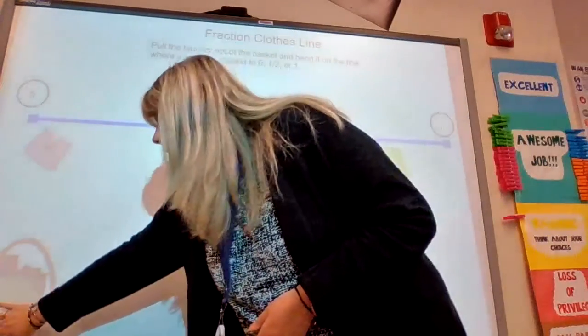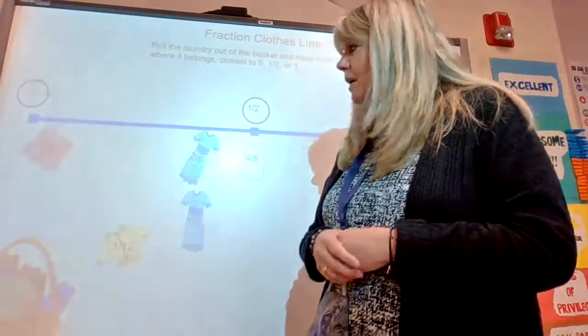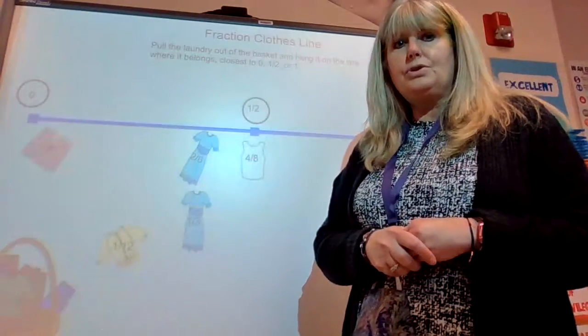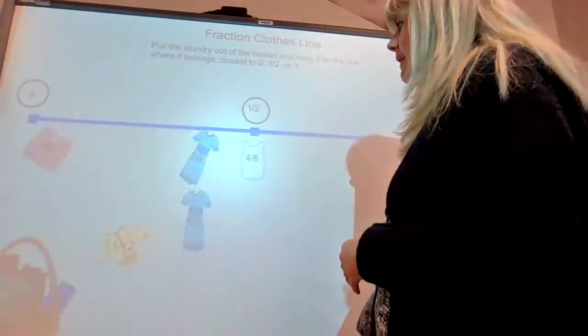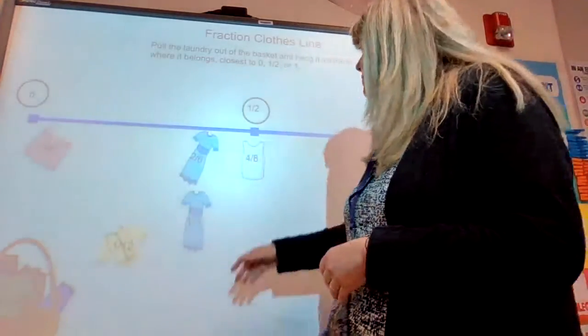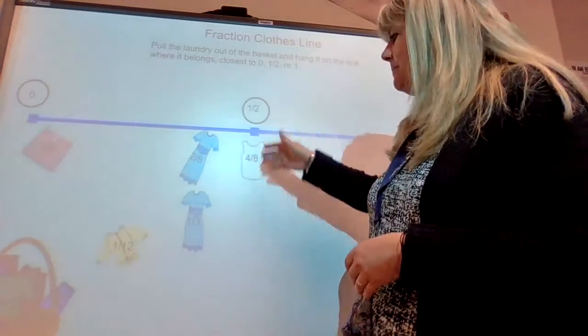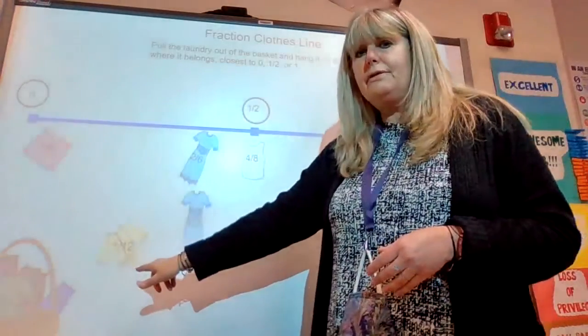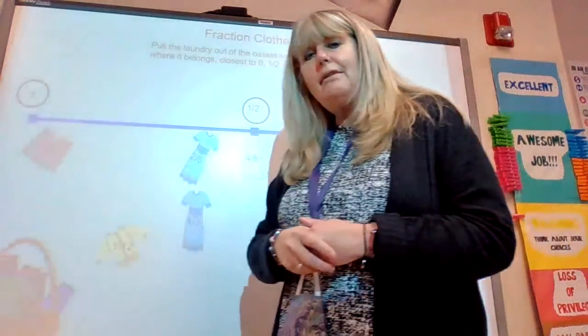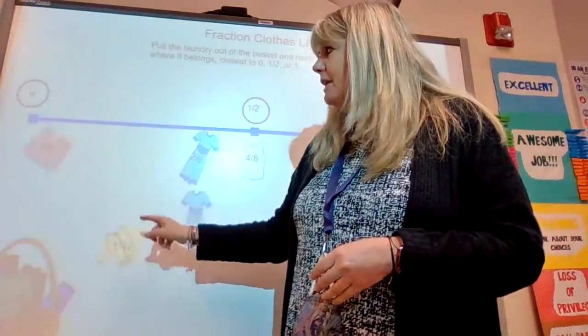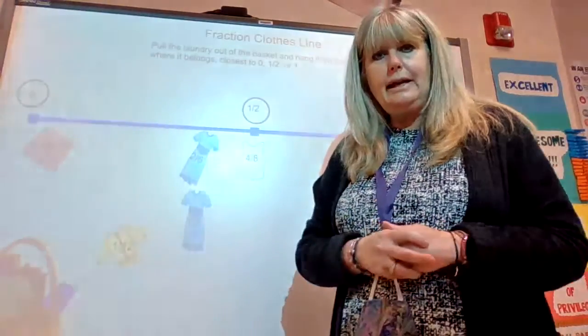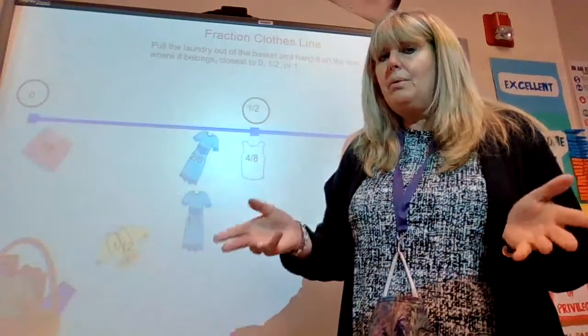Okay, let's see what we've got here. Oh, we've got 1/12. Wow, 1/12. If I cut this number line into twelfths, 0/12, 12/12, this would be 6/12. 1/12, that'd be all the way over here. Now I have a question. Is 1/12 going to be closer to 0 than 1/8? Well, now think about what we talked about.